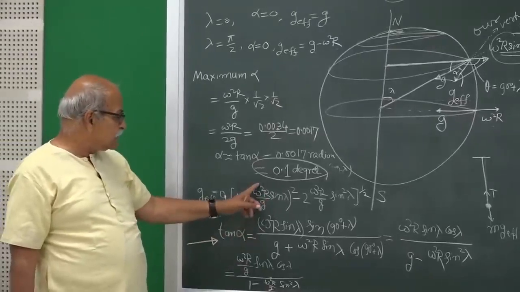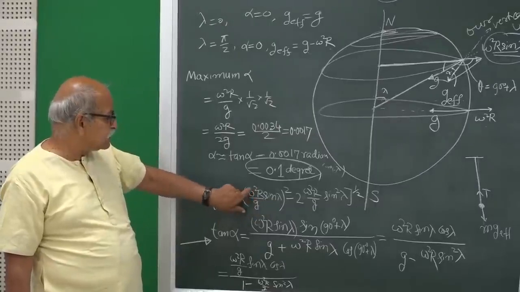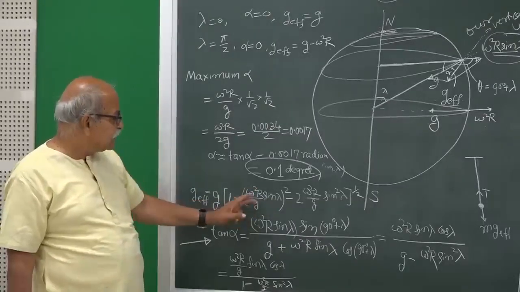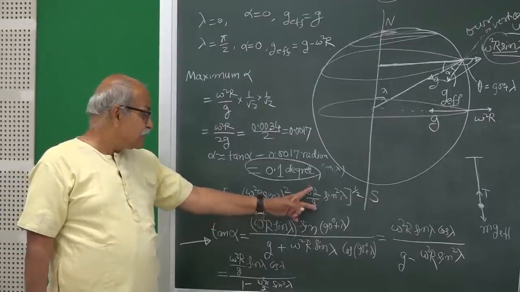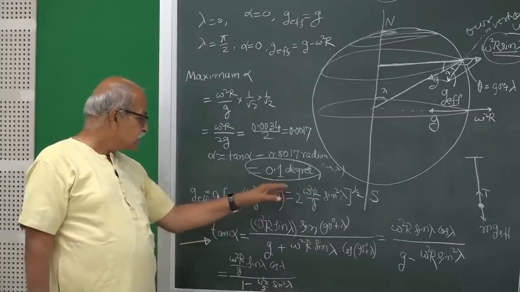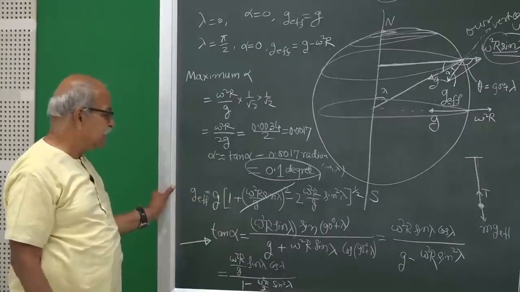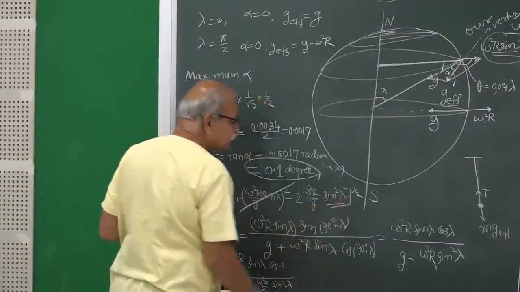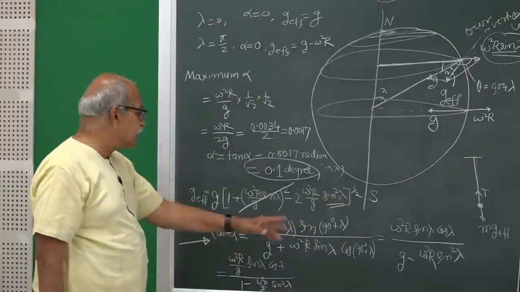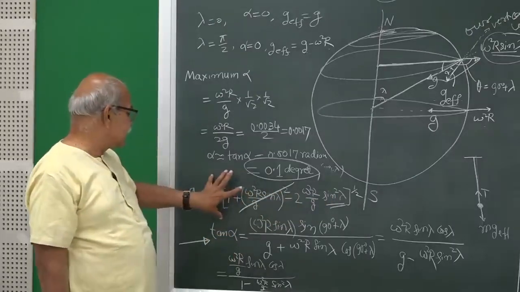Here we have omega square r by g, which is a small quantity, remember this is 0.0034. Square of that is even smaller. So, this is not going to make any significant effect, and then as your lambda is increasing, gradually this quantity will increase and gradually this quantity will decrease.